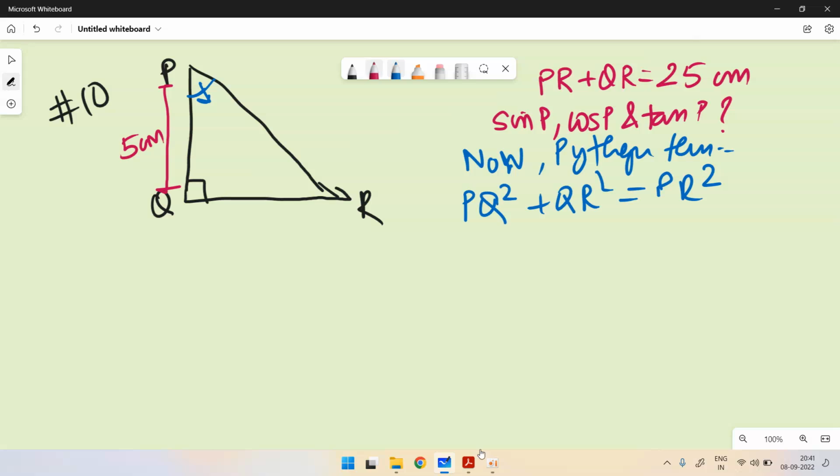PQ is 5, so 5 square plus QR square. You don't know QR, so let us take the value from here. You can write QR as 25 minus PR.